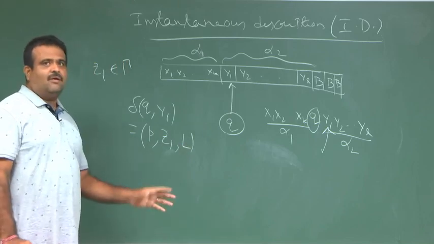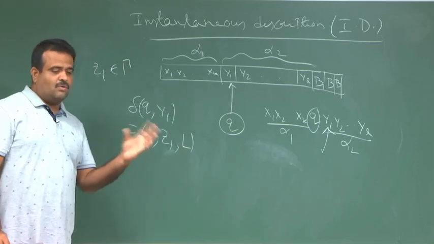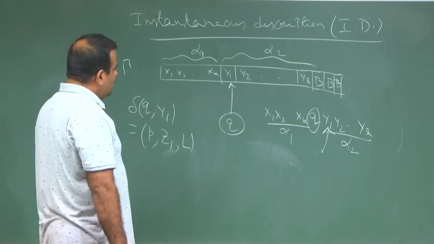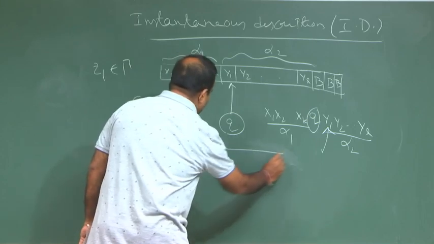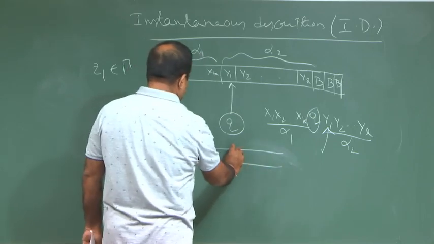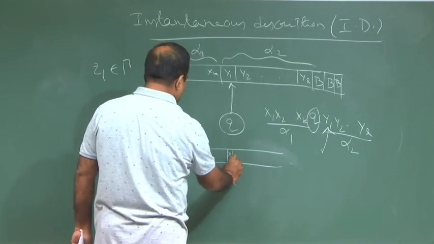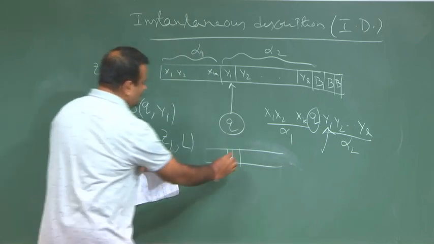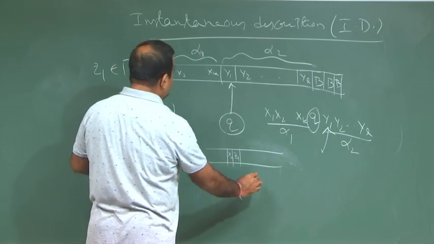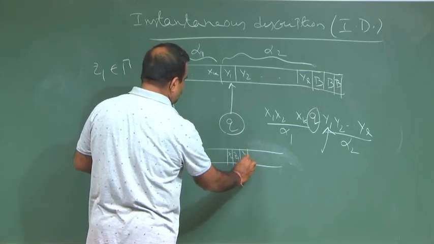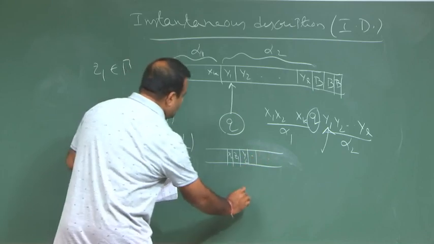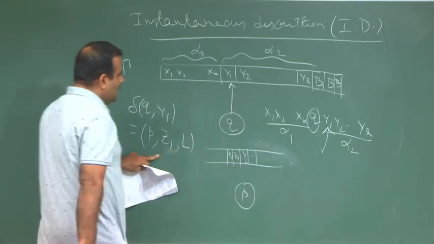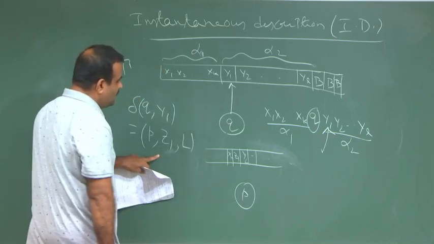It could be either L or R, that is, it can go left or right. Then the situation will be like this: x k, now y 1 was replaced by z 1, y 2 remains the same, and our state is moved to p, and the tape head will be pointing accordingly.